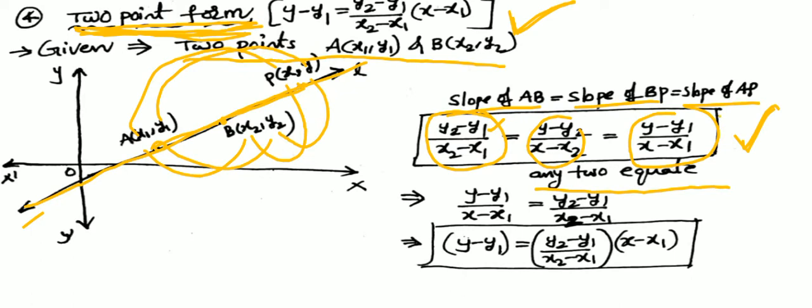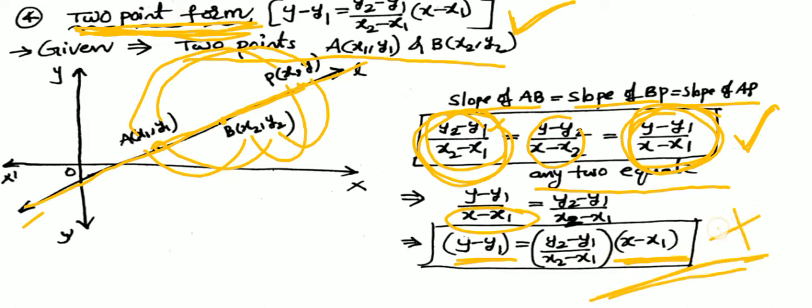So I am equating the last one, (y minus y1) by (x minus x1), with the first one, (y2 minus y1) by (x2 minus x1). So the denominator x minus x1, if you transpose, means y minus y1 is equal to (y2 minus y1) by (x2 minus x1) into (x minus x1). Here x minus x1 is dividing, so transposing means it will multiply. This is the form.